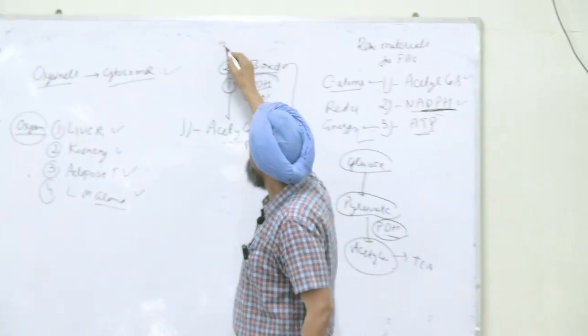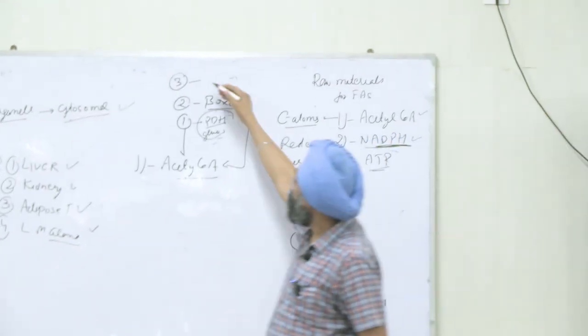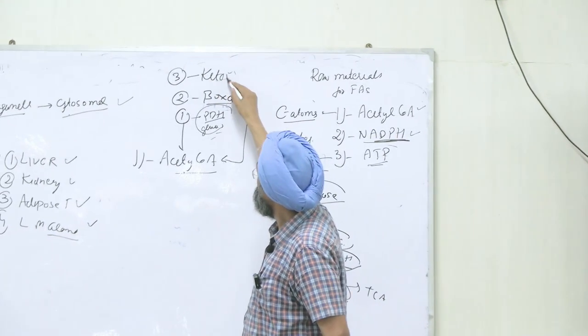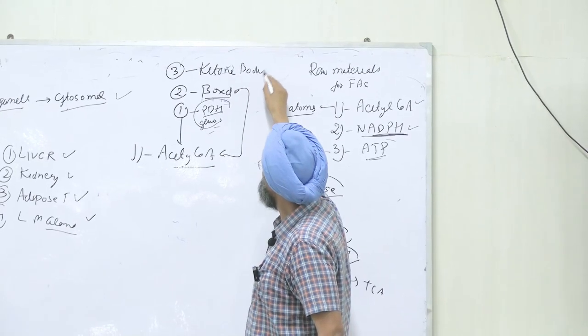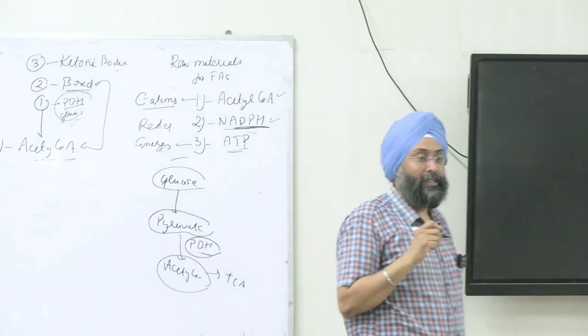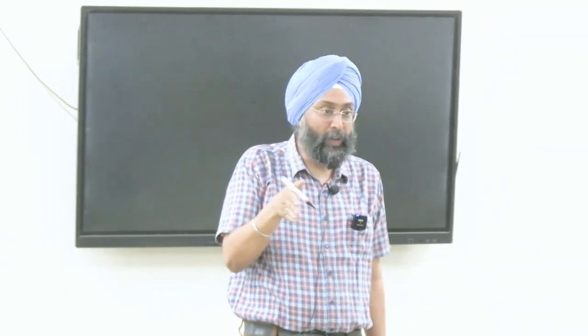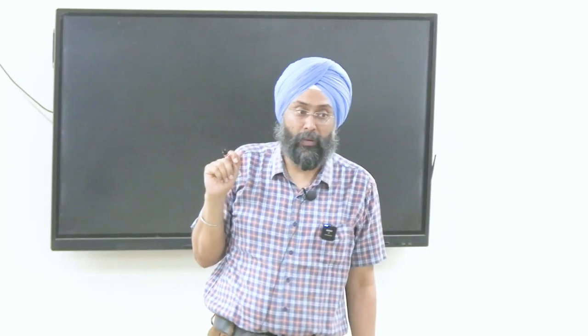Third source कौन सा है? From ketone body metabolism, we can also get this acetyl CoA, right? Hope you remember ketogenesis: acetyl CoA plus acetyl CoA, acetoacetyl CoA, then HMG CoA, and then finally the ketone bodies were formed, right?